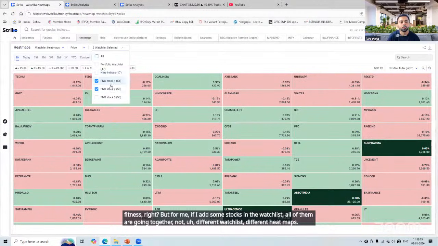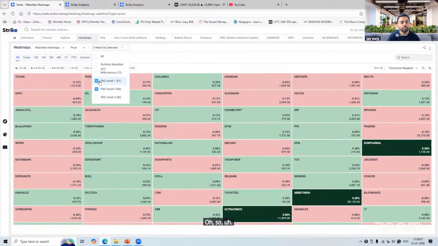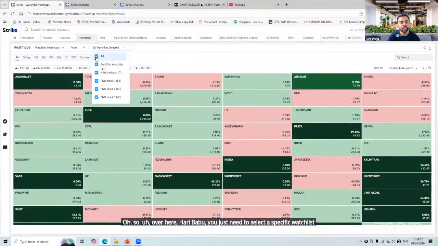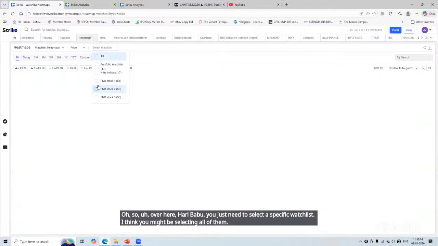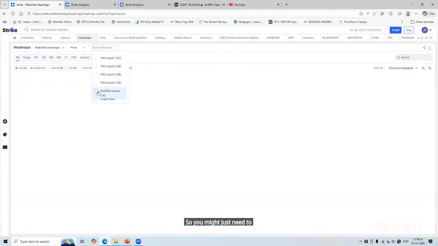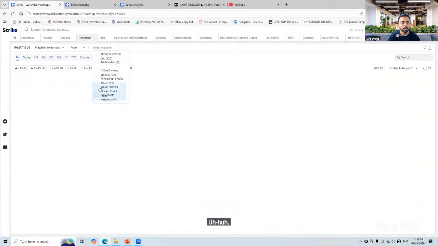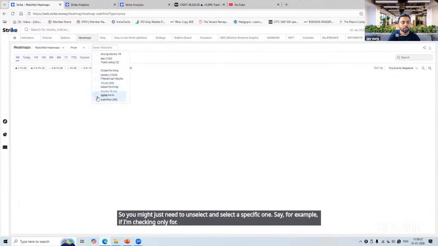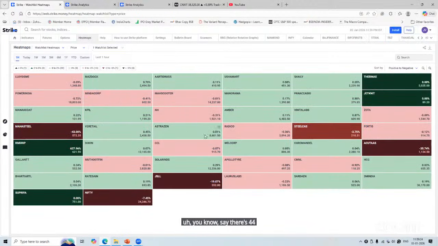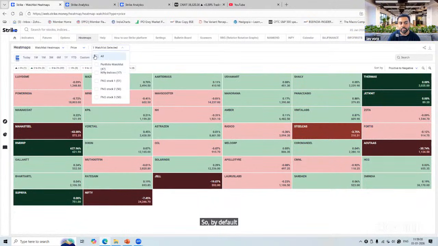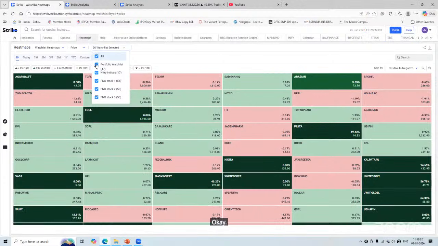Oh, over here, Haribabu, you just need to select a specific watch list. I think you might be selecting all of them. So you might just need to unselect and select a specific one. Say, for example, if I am checking only for these 44 stocks, it will only appear then. I see. By default, we select everything. You just need to untick and select a few. Yeah. Thank you very much.